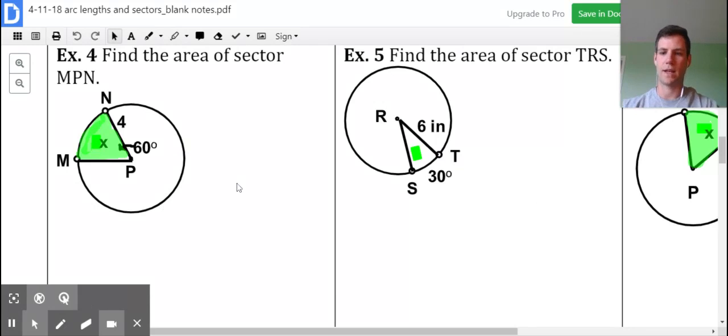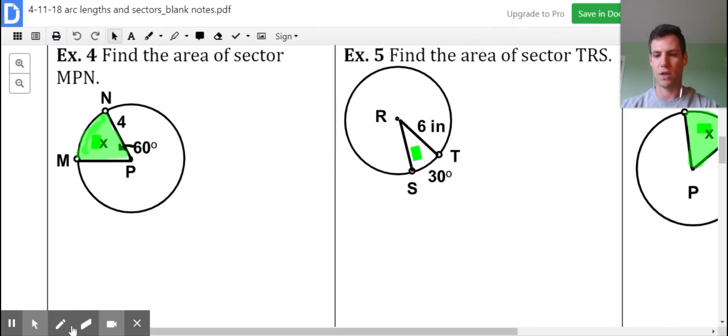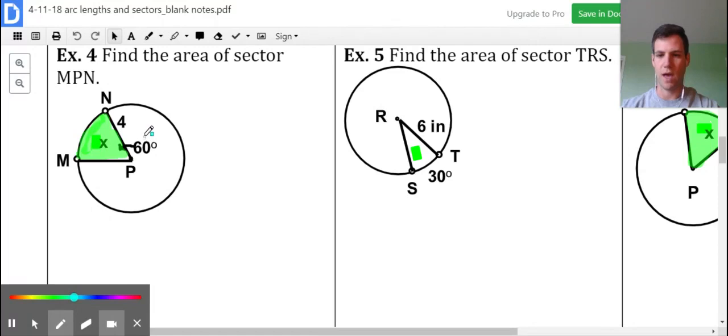We are now looking at some sector area problems. In the first example, we are looking for this green sector. And so we want to use our sector area formula, given that we have 60 as our theta and r is 4.